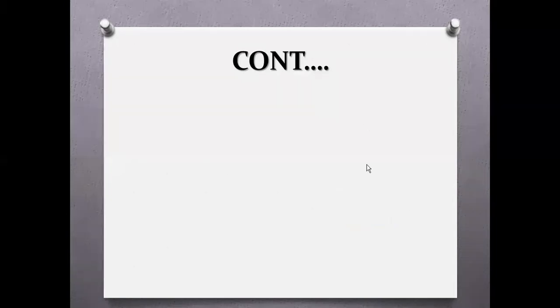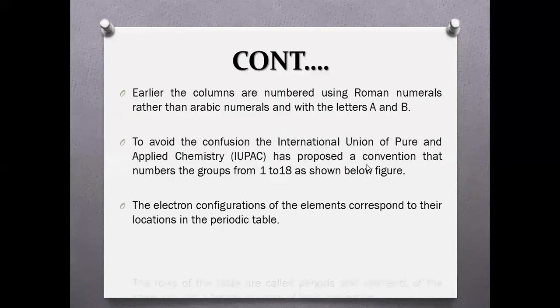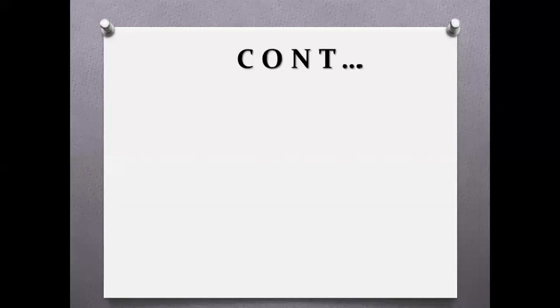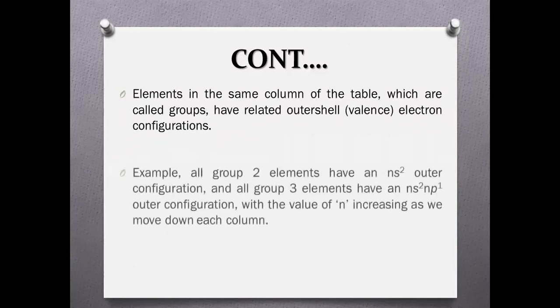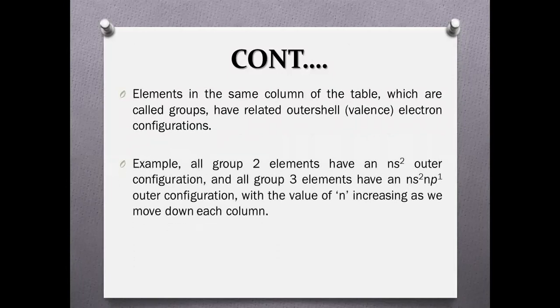Okay. So I have talked about everything. The elements in the same column of the table are all related groups by their outer shell. I already said, if you take an example, the group 2 elements have an ns2 outer configuration, and the group 13 elements will show ns2 np1. Did you understand? So you should be very careful about that.